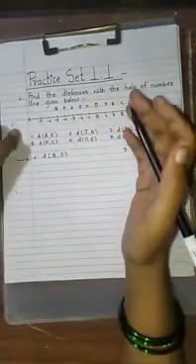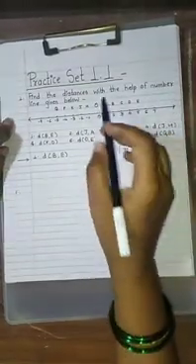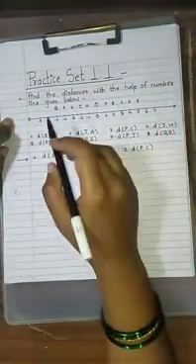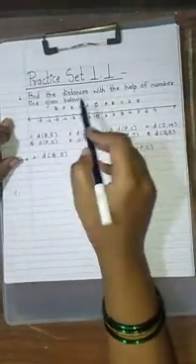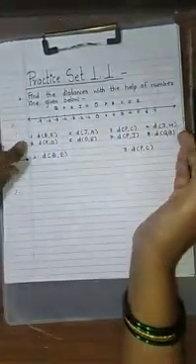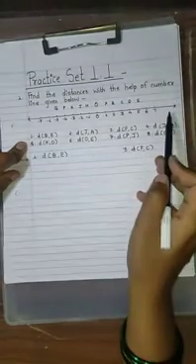Now let us move on towards practice set 1.1. Now children, let us see the first problem. Find the distances with the help of number line given below. Now a number line is given over here.